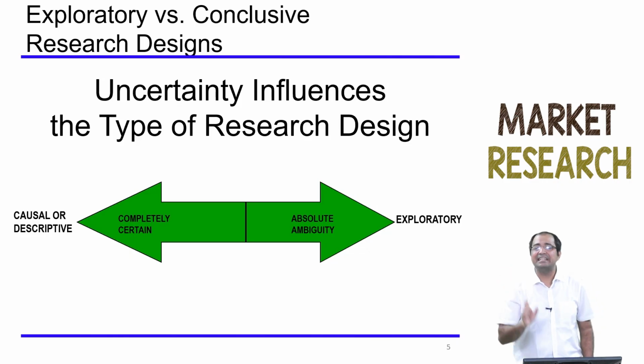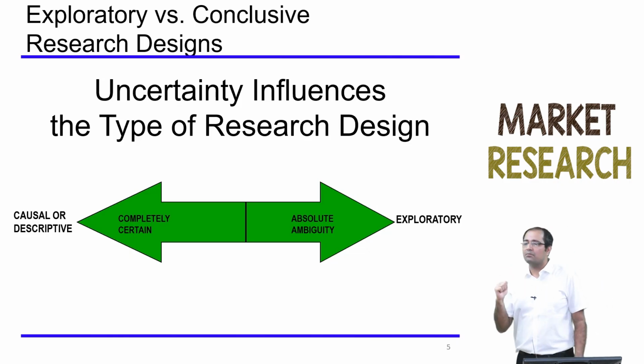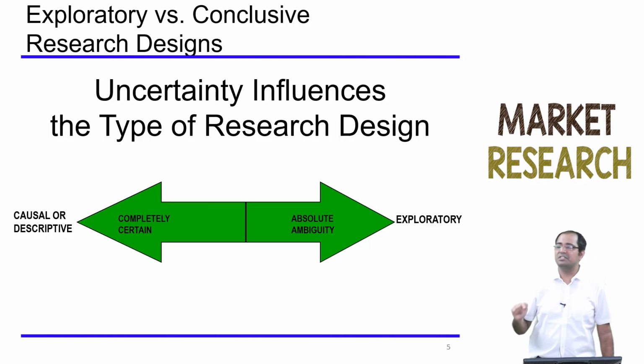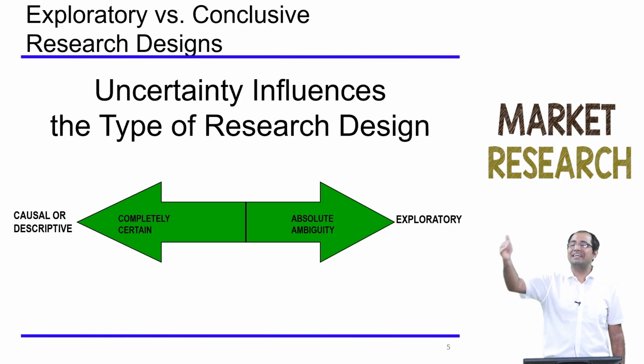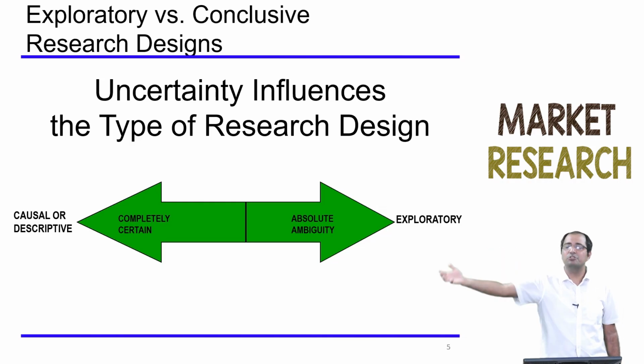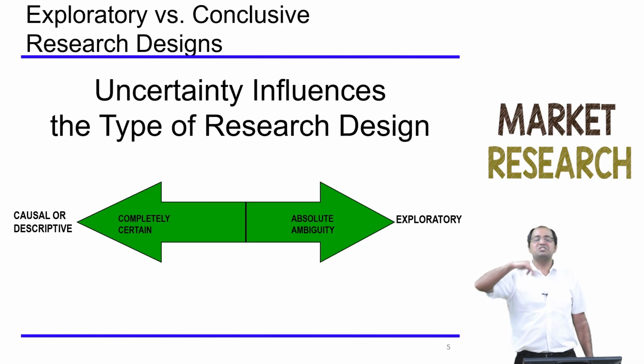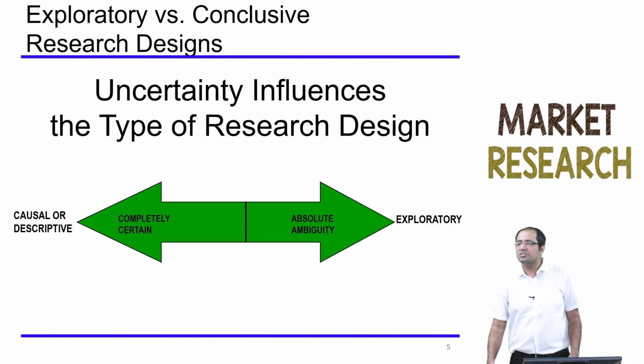But the findings from conclusive research design, which is why we call it conclusive, are concluding findings. You can rely on them. You can give them back to the manager saying this is what is happening and this is how you solve it. Then it is the manager's decision to take it forward. You can just give recommendations.